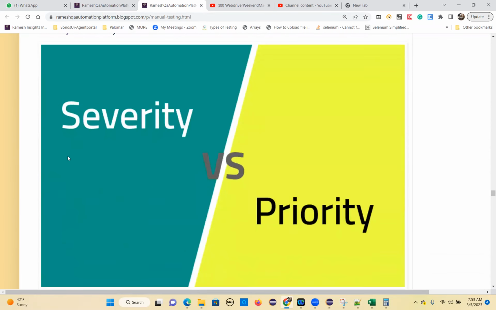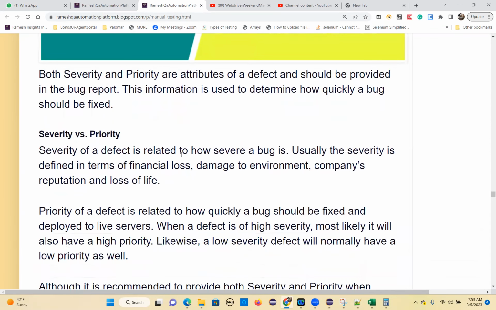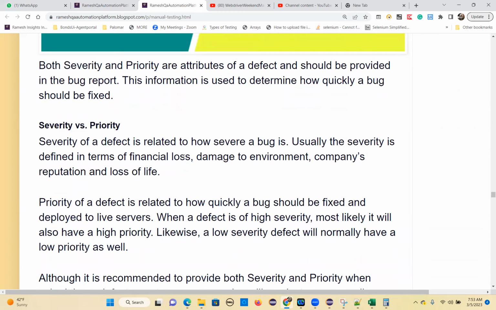This is important: severity and priority. So what are severity and priority? The severity of a defect is how severe it is, how much functionality is affected. How much damage is happening to the business, how much damage to the company's reputation, what is the loss of life, how much financial loss.